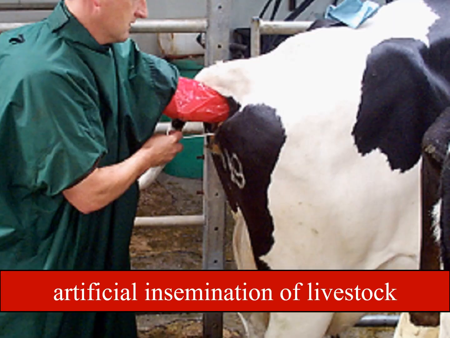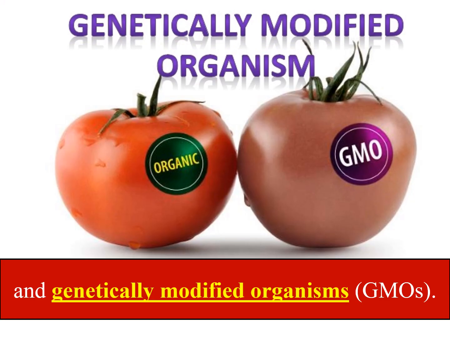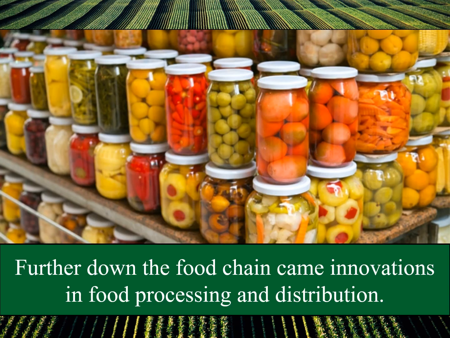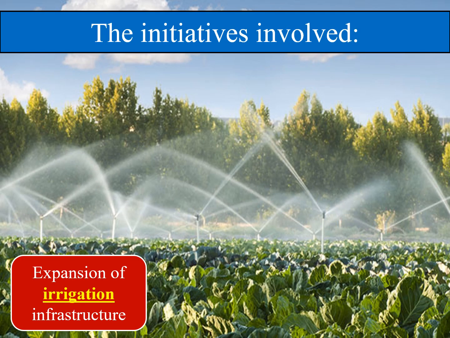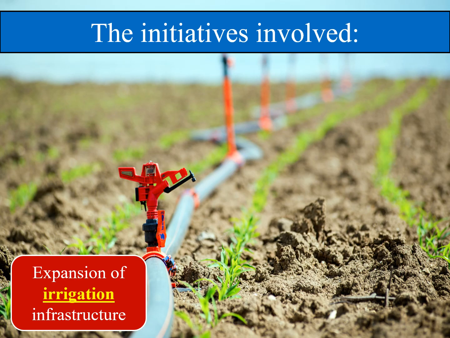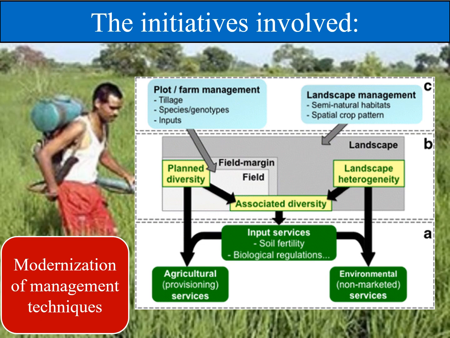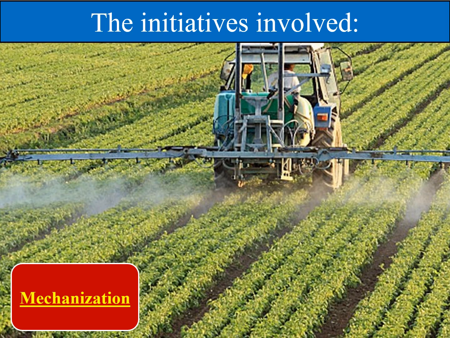Artificial insemination of livestock and genetically modified organisms, GMOs. Further down the food chain came innovations in food processing and distribution. The initiatives involved expansion of irrigation infrastructure.